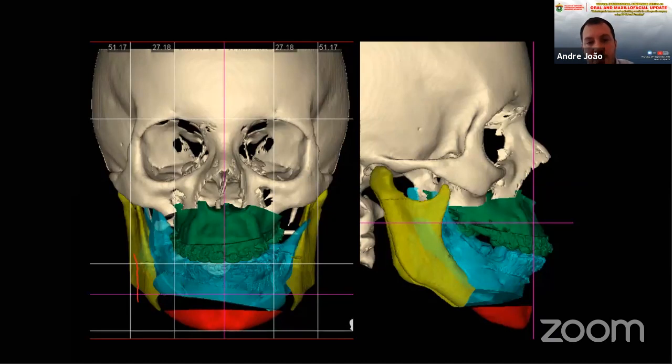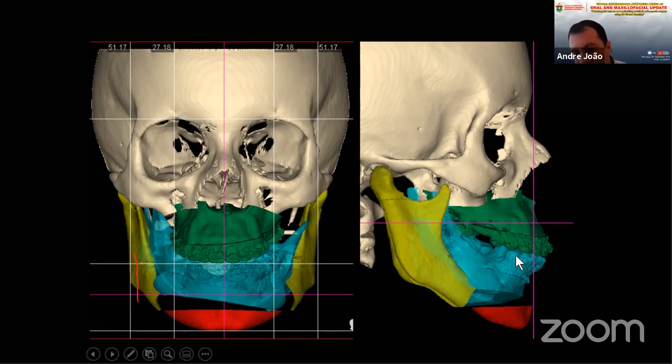And after creating the osteotomies and trying to put the mandible in position, the teeth in occlusion, that's what happened after my plan. By placing all the teeth in occlusion, I displaced this mandible, and it became very asymmetric.